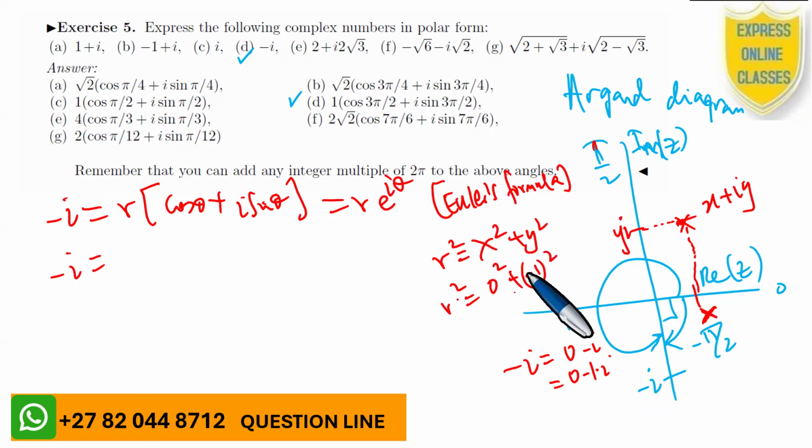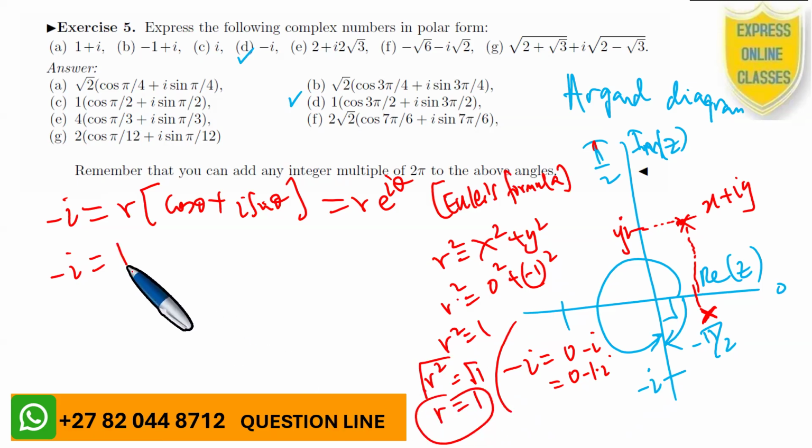Zero squared minus that squared, so r equals 1, by Pythagoras theorem. Then what is the angle theta? This is the angle theta. So the angle theta is minus pi over 2.